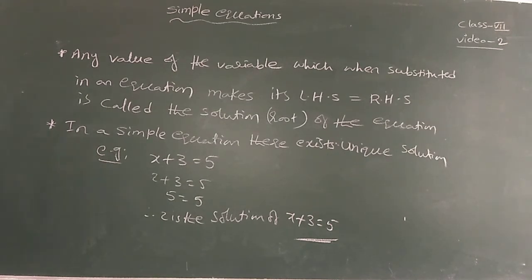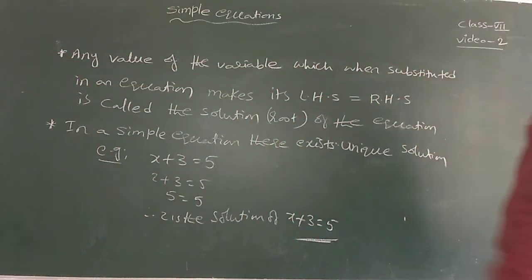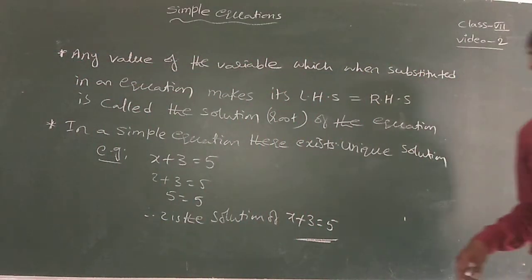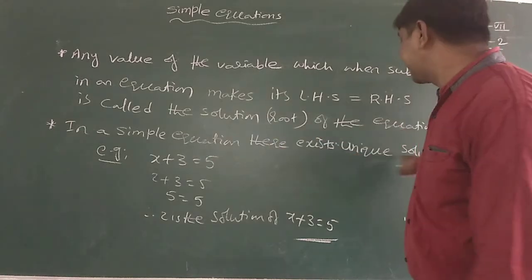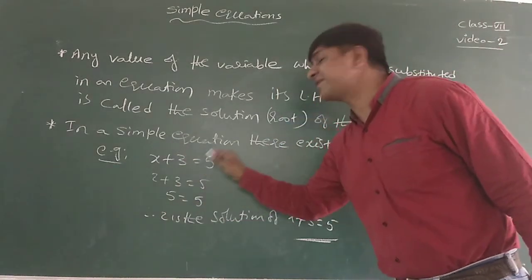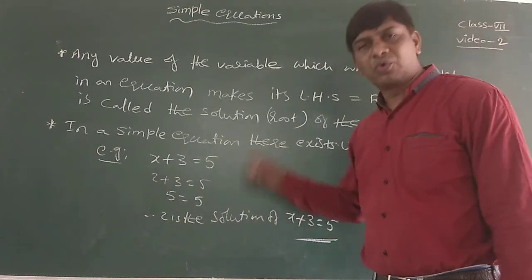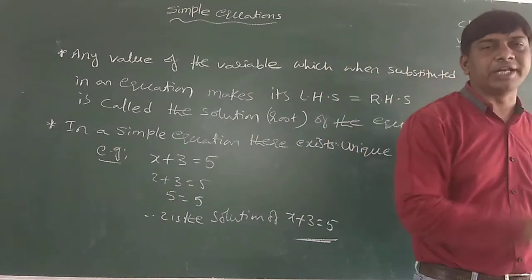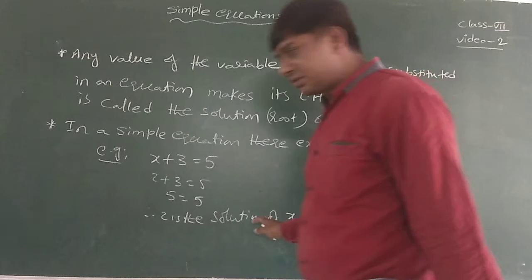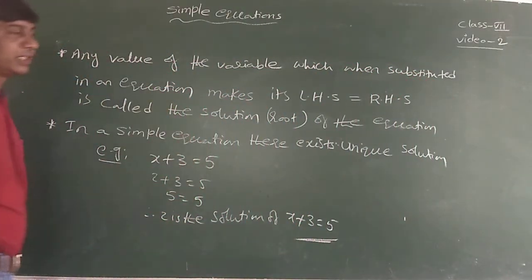Write down that example. In a simple equation, there exists a unique solution. Other than 2, no value satisfies this equation. So only one possibility, that is 2 only. So we call it that there exists a unique solution.